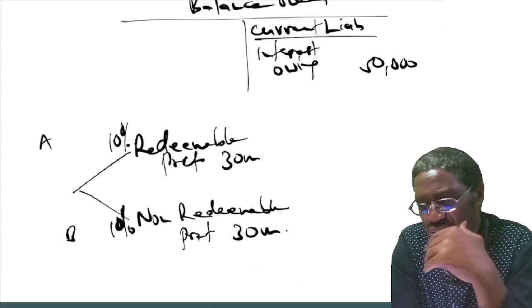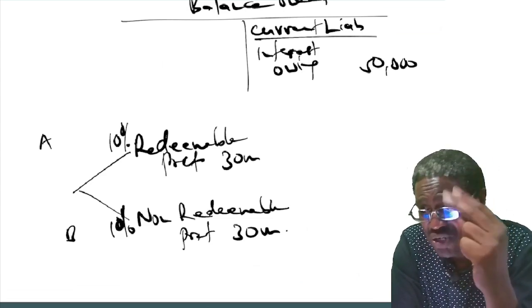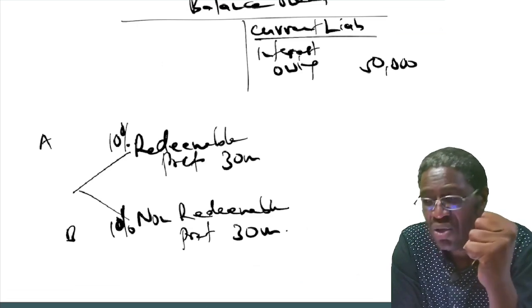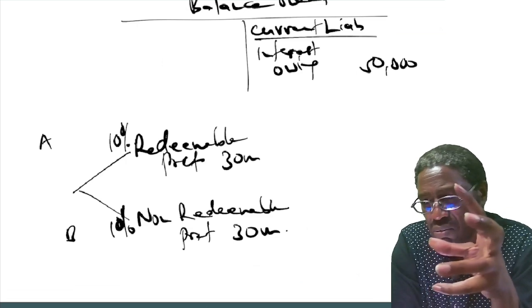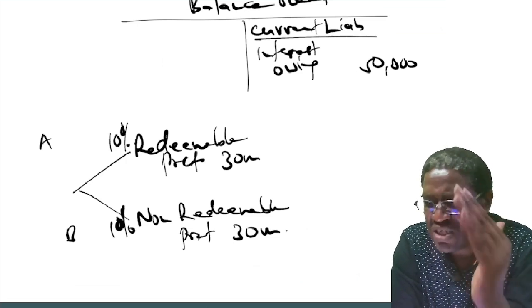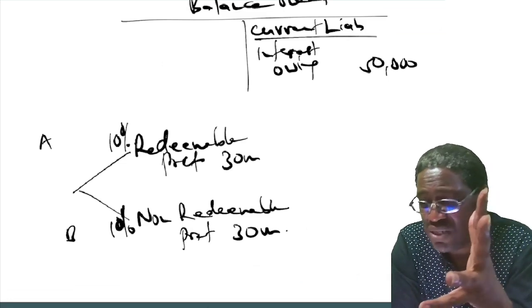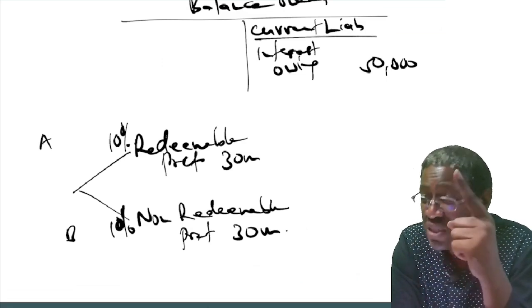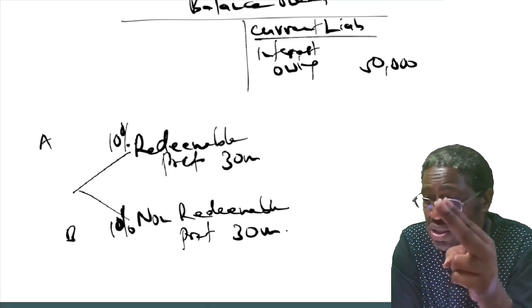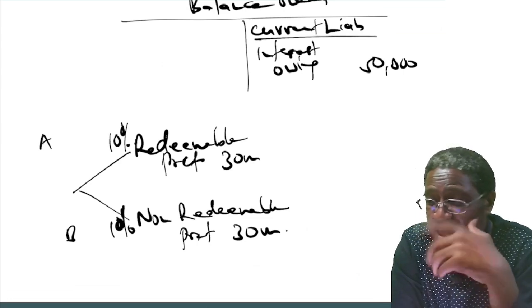So my question is, when you are preparing the balance sheet of this company in your financial accounting, will you put the 30 million in the same place? That means, for company A, will their redeemable preference share appear in the same place in the balance sheet as the non-redeemable preference share of company B?